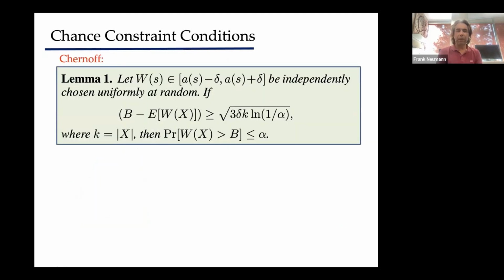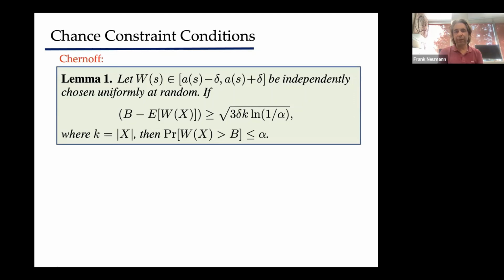Okay, so the conditions based on Chernoff and Chebyshev, they say, well, if you're essentially this amount here, the square root of 3 delta k and so on, away from your bound, so your expected value is smaller by that amount, then you meet your criteria in terms of the probability requirement.